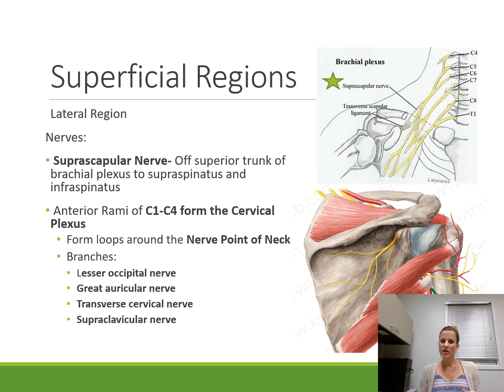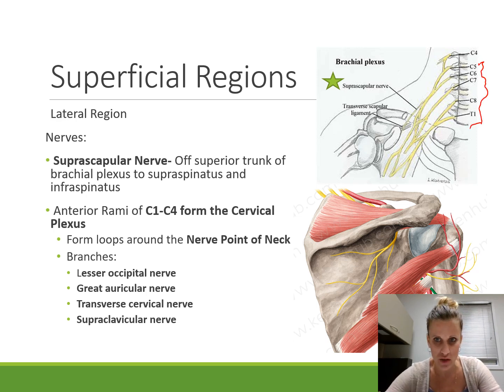There are multiple other nerves that are coming through the lateral region. The suprascapular nerve is coming off of the superior trunk of the brachial plexus. Remember the brachial plexus is coming from C5, 6, 7, 8, and T1. That's all going to form the brachial plexus, which you can see coming down here, right?